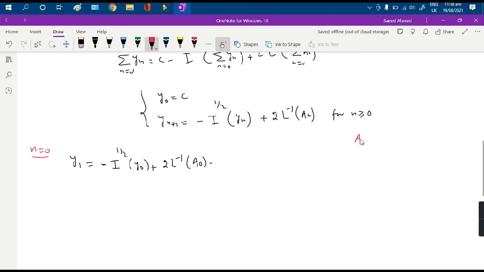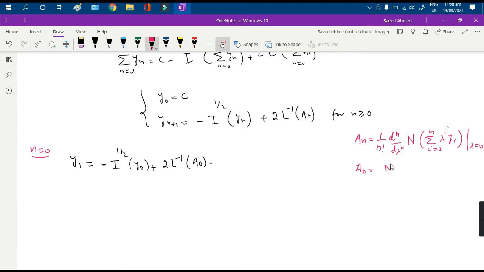For A0, the general formula for An is 1 over n factorial, d^n by d lambda^n of the summation i from 0 to n of lambda to the power i yi, at lambda equal to 0. For An, we need to put n is equal to 0. So here A0 is 1 over 0 factorial, which is 1, and the zeroth order derivative is nothing.